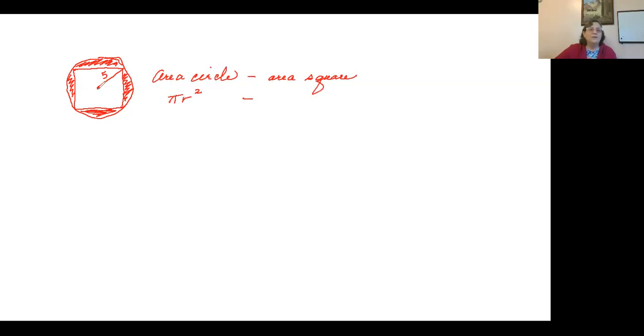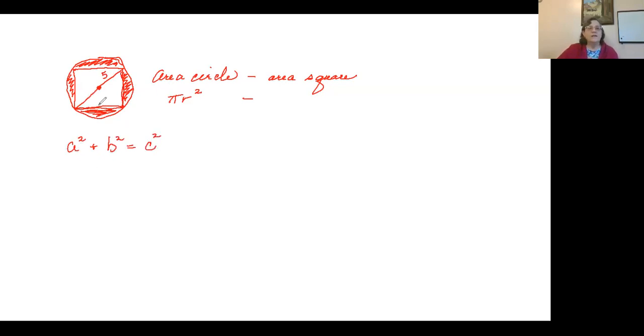One way would be to take half of this square as being a right triangle. The hypotenuse now is going to be 10. This is a square. It has to be a square to be inscribed in a circle. So using the Pythagorean Theorem, and this is again one of several ways we could do this. There's a bunch of them.